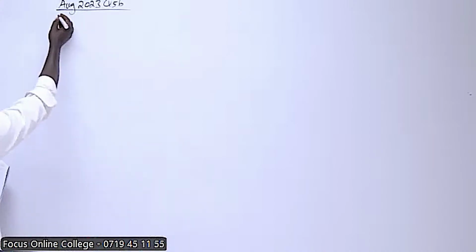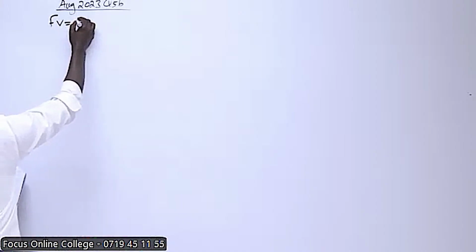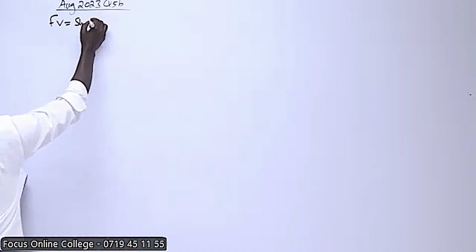Now, let's start. This is now where understanding the question is coming in. You must understand what the question says, what it requires, so that you can know what to do. Now, in this case, you've been given the future value, which is 9 million. This is the money this person wants after 5 years.